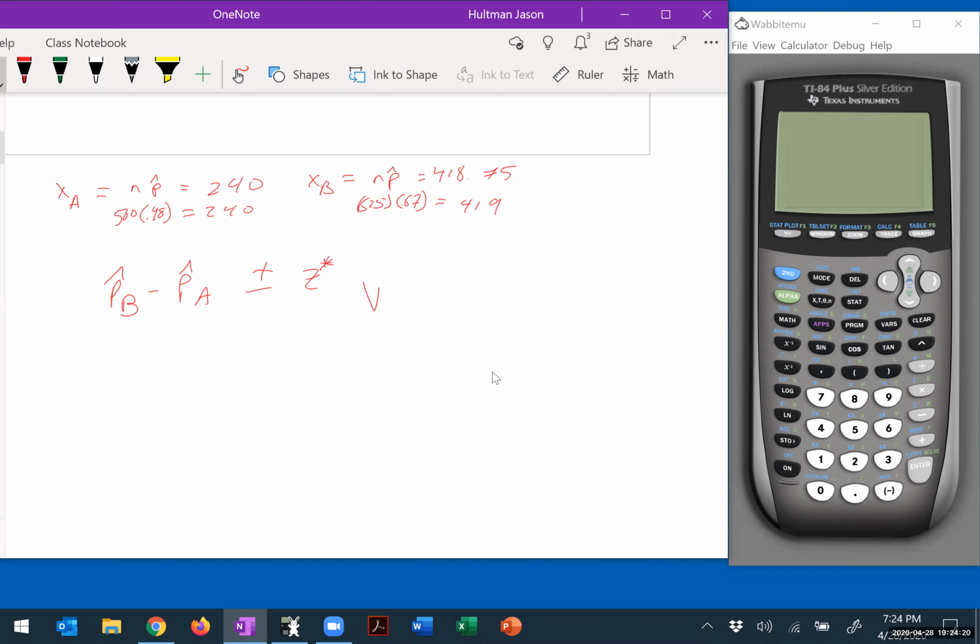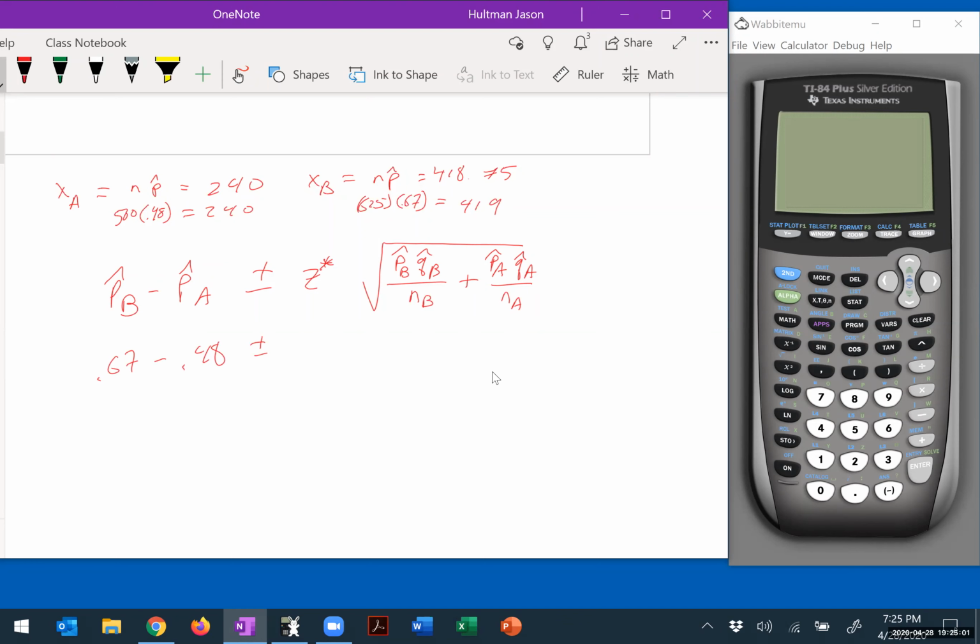Well, the standard error is going to be the square root of p b times q b over n b plus p a q a over n a. And all these would have hats because they're samples. So p hat b minus p hat a: well, what's p hat b? It's 0.67 minus 0.48 plus or minus z star.